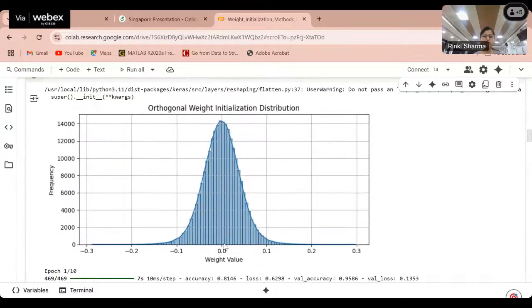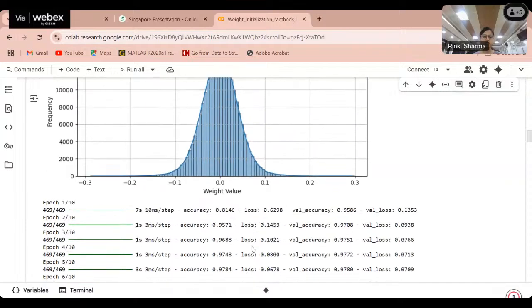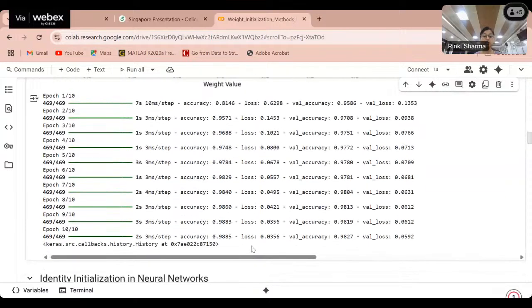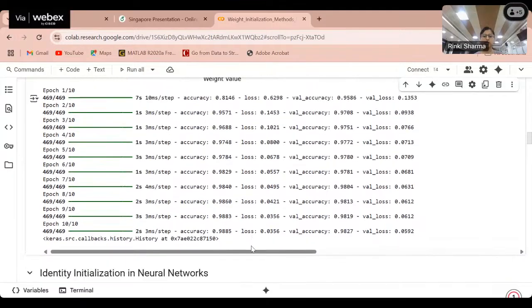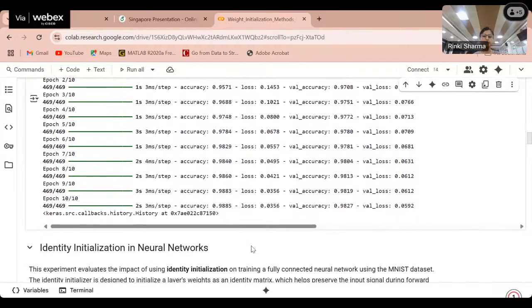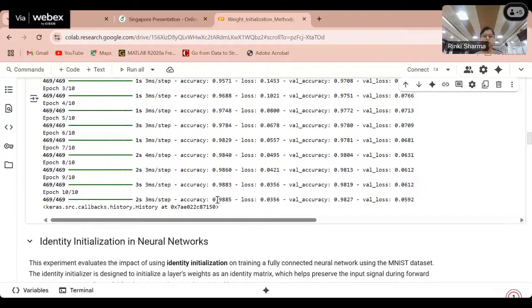So here all entries are centered at 0, with high frequency for the entries near 0, and low frequencies for the negative and positive entries away from 0. For this, the accuracy is higher, and the learning is good for the network. You can see the accuracy is reaching up to 90.